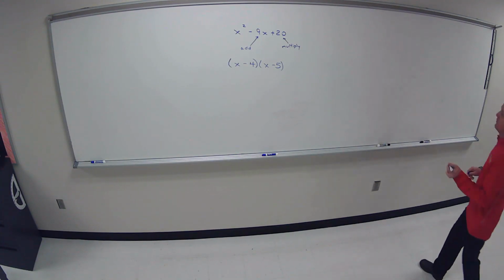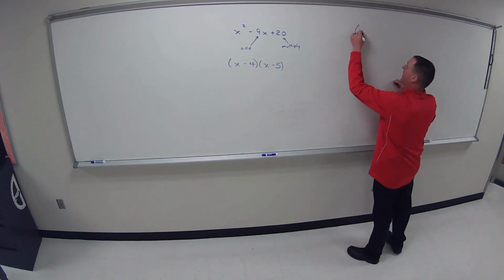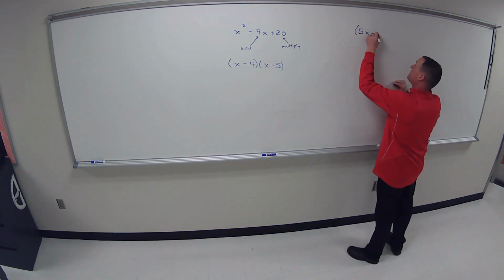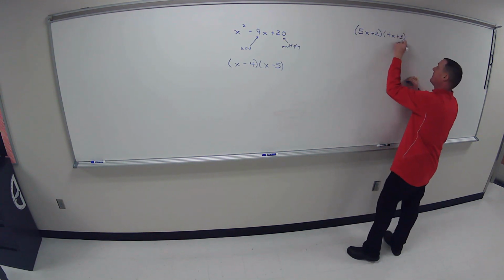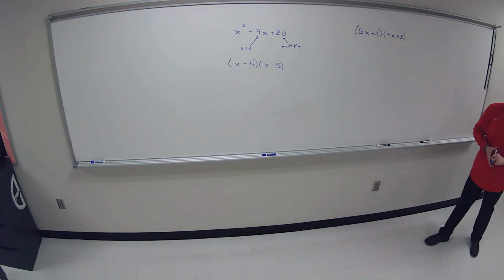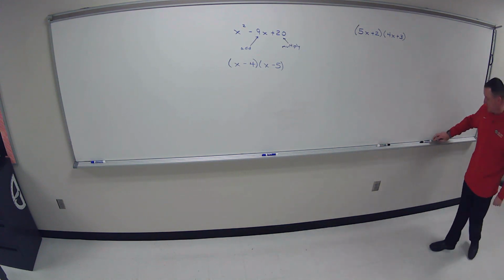So, last thing I want you to do, another multiplication problem. I want you to take 5x plus 2, and multiply this by 4x plus 3. FOIL that out and see what we get for an answer here.